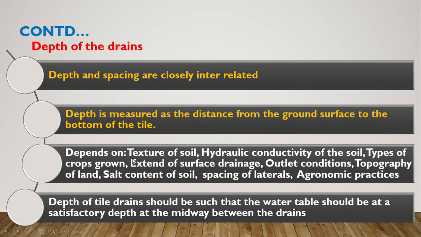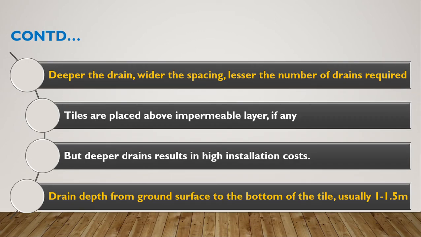The depth of the tile drain should be such that the water table is at a satisfactory depth midway between the drains. We have to decrease the water table, so we have to place the tile drains at a depth such that they can extract the excess water from the root zone. Deeper the drain, wider the spacing, lesser the number of drains required.